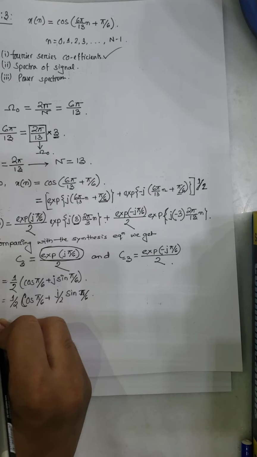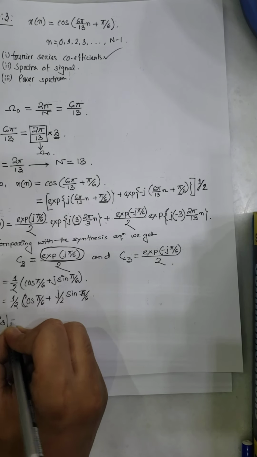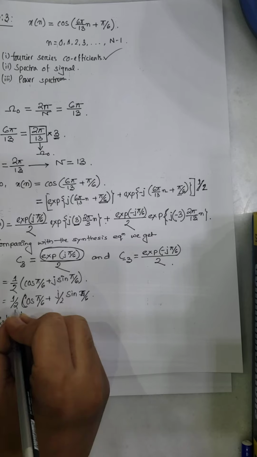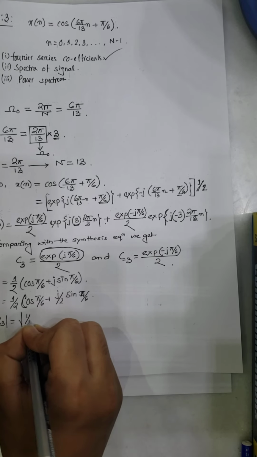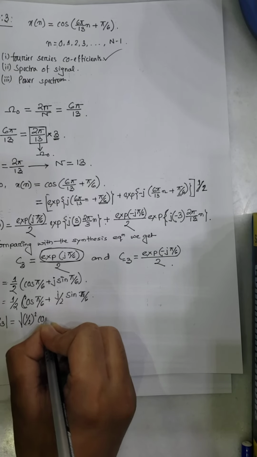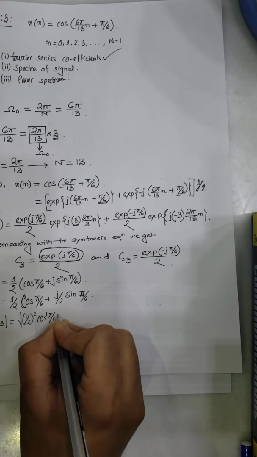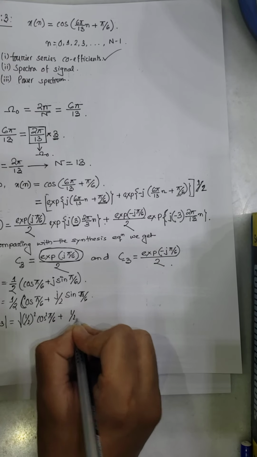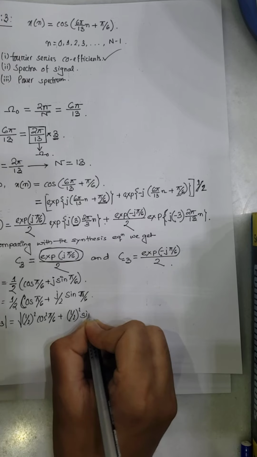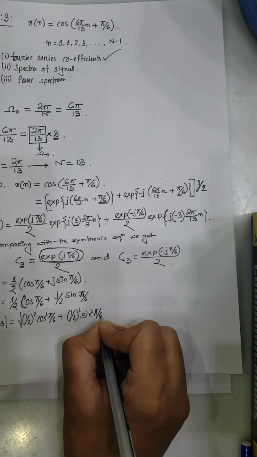So the magnitude of C3 becomes the square root of 1/2 squared cos squared pi by 6 plus 1/2 squared sine squared pi by 6.